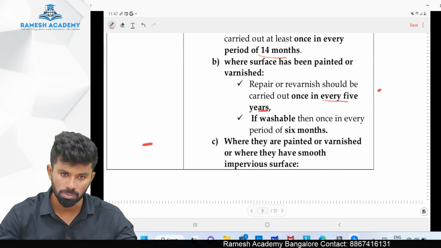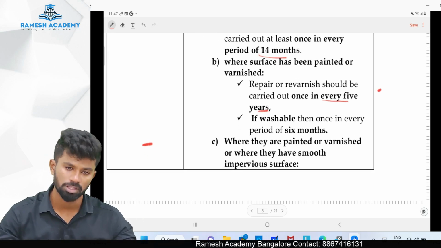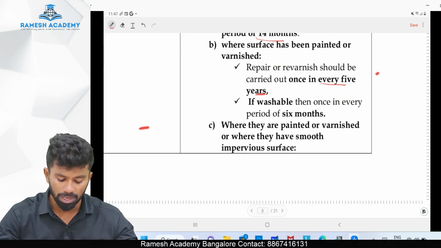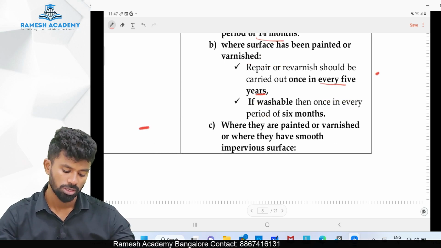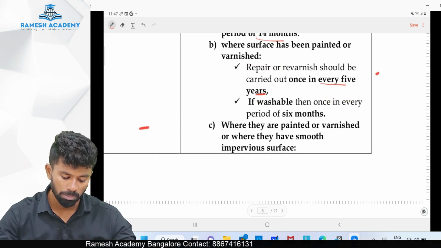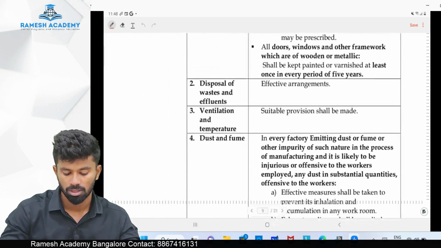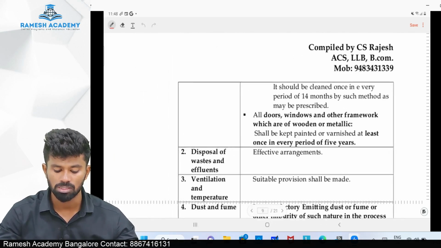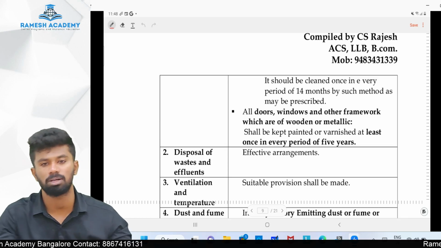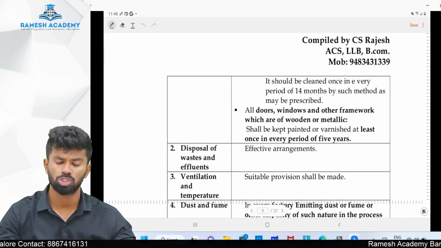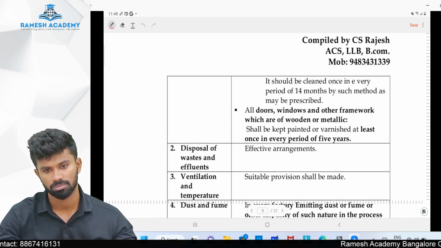If it is washable, then once in a period of 6 months it has to be carried out. Where the walls are painted or varnished, where they have a smooth impervious surface, in that scenario it has to be cleaned once in every period of how many months? 14 months. They may ask what are the cleanliness measures, health measures to be taken by the occupier.